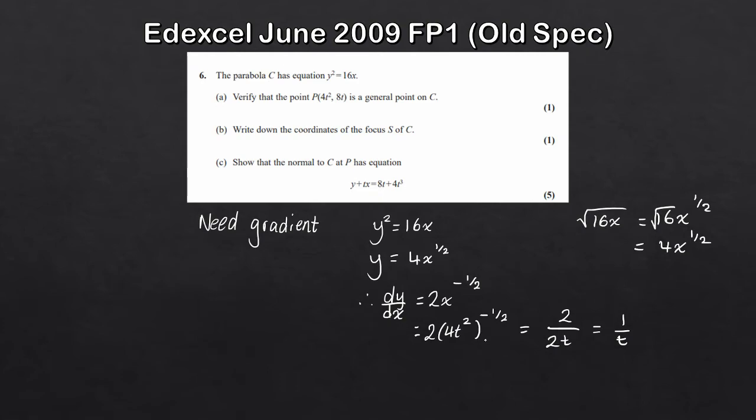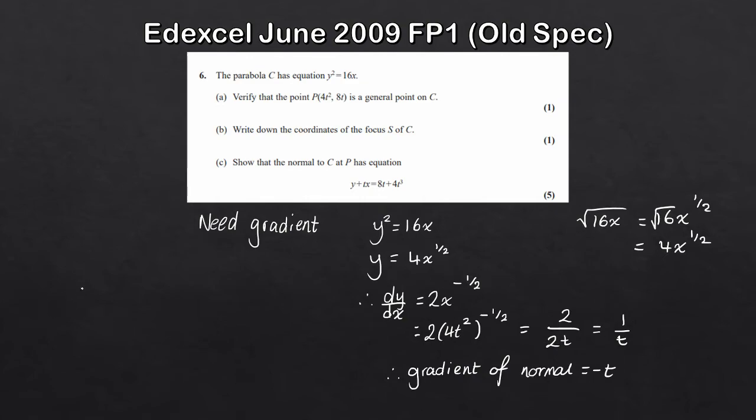But we're looking to get the normal. So we don't use this as our gradient. We need the negative reciprocal. So therefore, gradient of normal is equal to minus t. Okay, so our minus t is the gradient we're going to work with.